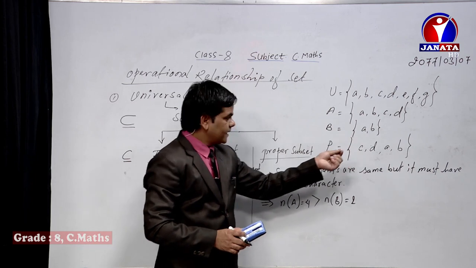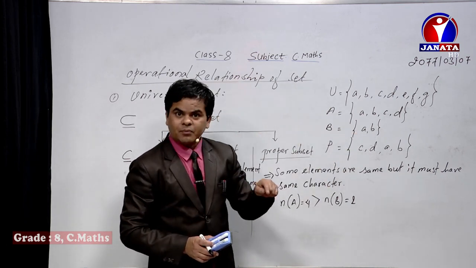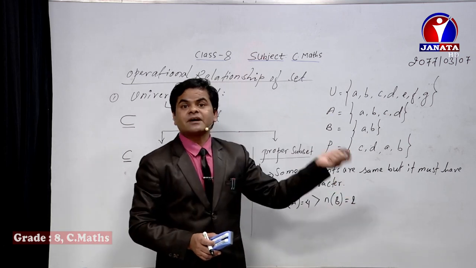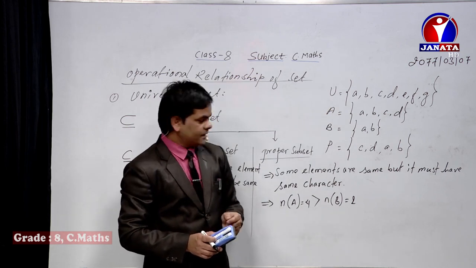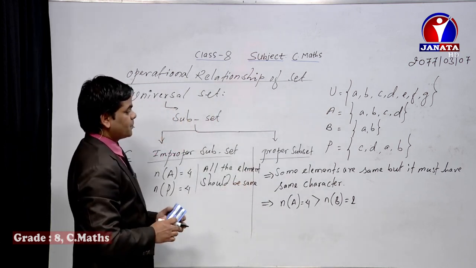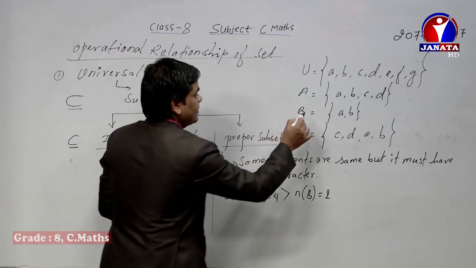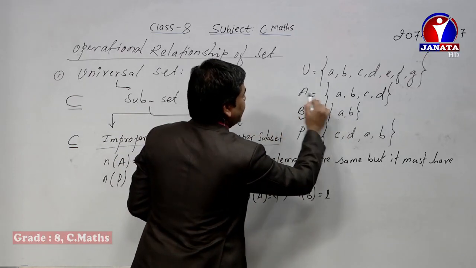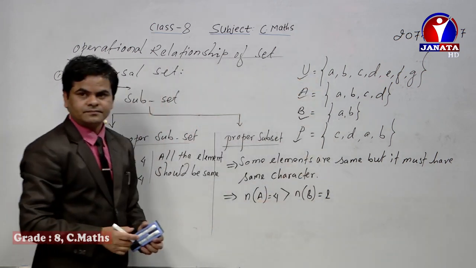Once again, in a proper subset, there will be fewer elements, but having the same characters which are extracted from the set. So in this way, we define the proper subset, and the sign for it says B is the proper subset of A as well, P as well, and U as well.